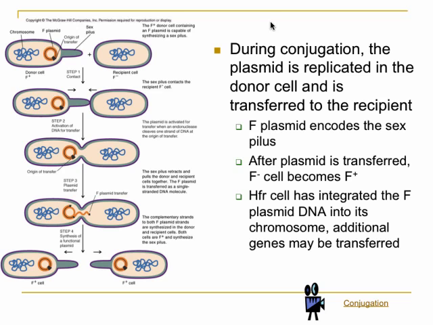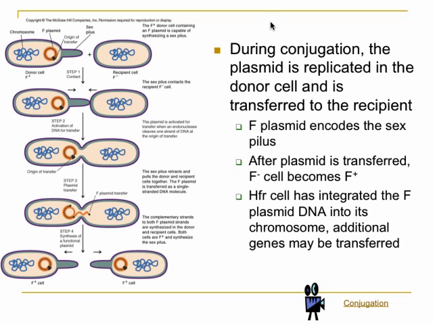And so in that way, one strand of the plasmid can be transferred and then replicated in the recipient cell. So in the end, once you add an F plus cell to an F minus population, eventually the entire population will gain this information and become F plus.